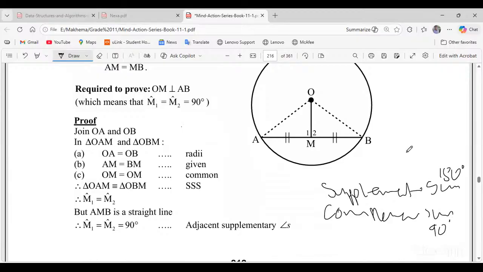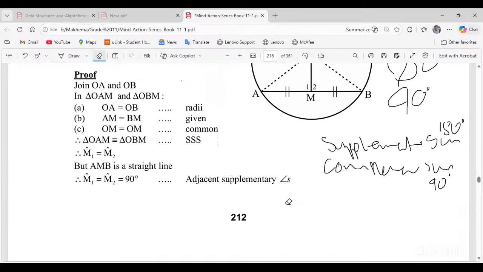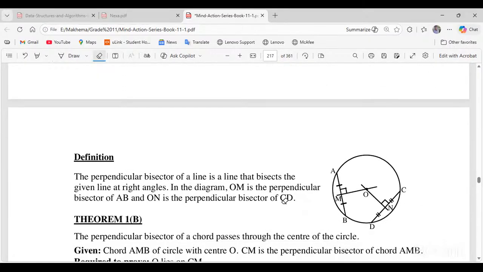This one supplementary is just that S. So now this will be 180 degrees. Then complementary, that C, you can transform it into 90. Then this one sums up to 90 degrees. I hope that makes sense. Thank you, guys. Let's move to the next part.